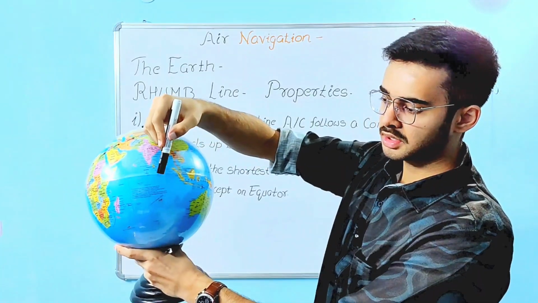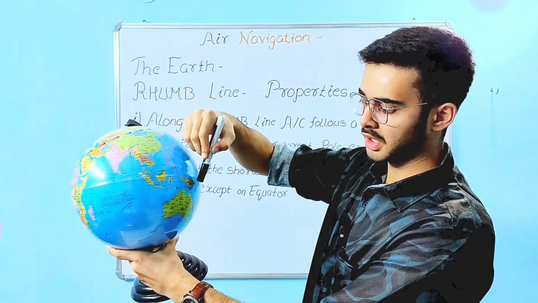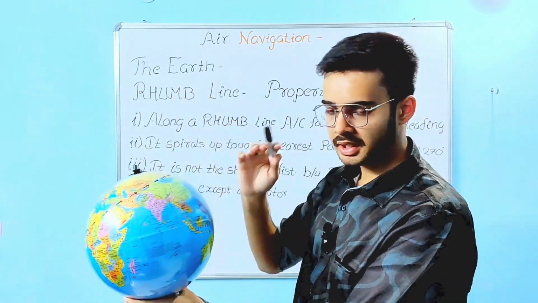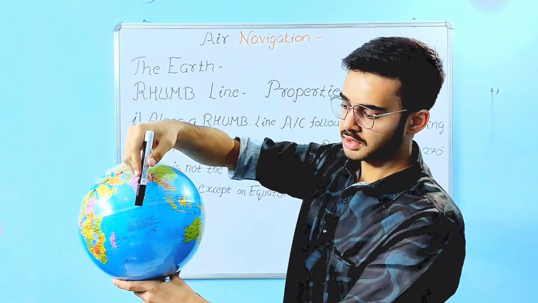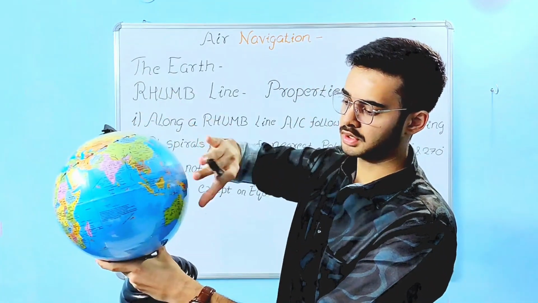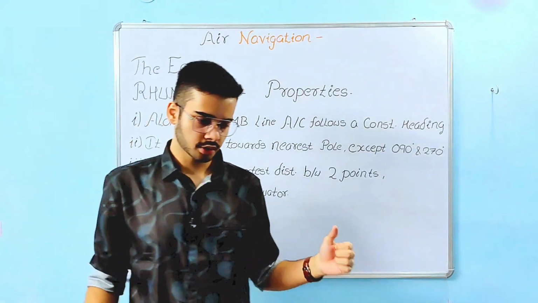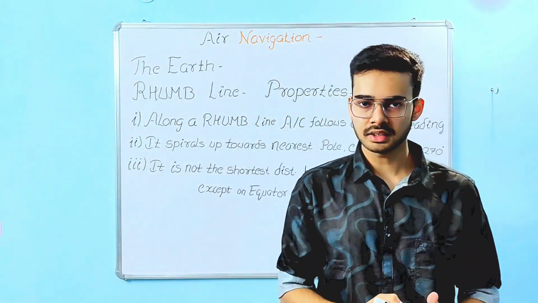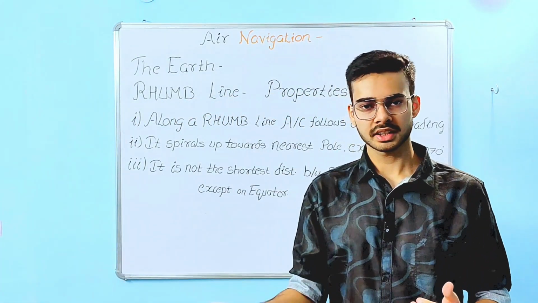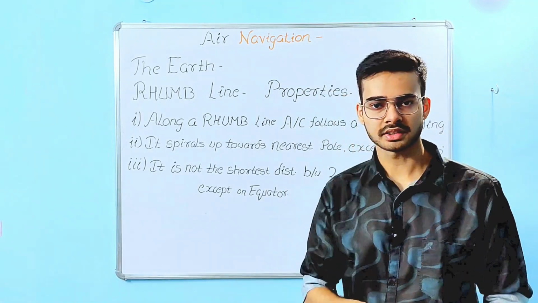Rhumb line's definition, cutting all the meridians at equal angle, the equator follows it. Great circle definition, divides Earth into two equal halves, it follows it. So because the equator follows both rules of rhumb line and great circle, it is both a rhumb line and a great circle. That's why this exception is there.